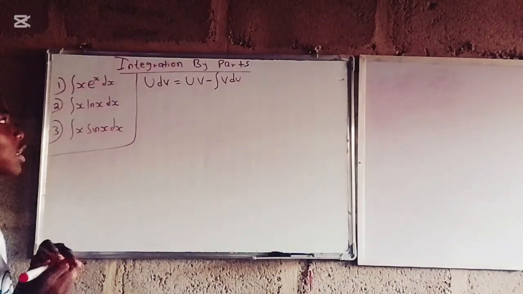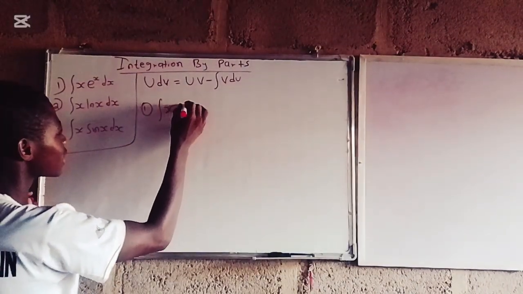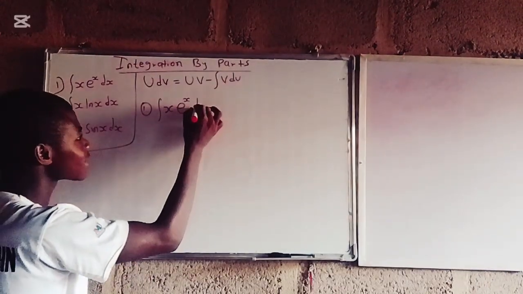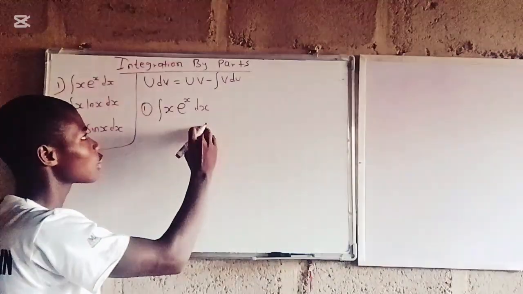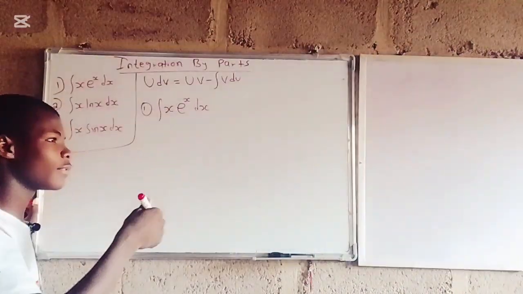So how can we apply this formula? The first question says integral of x e to the power of x. So between x and e to the power of x, which should I let be u, and which should I let be dv?